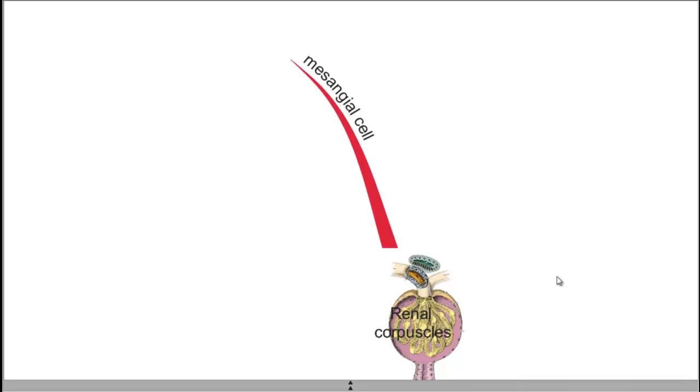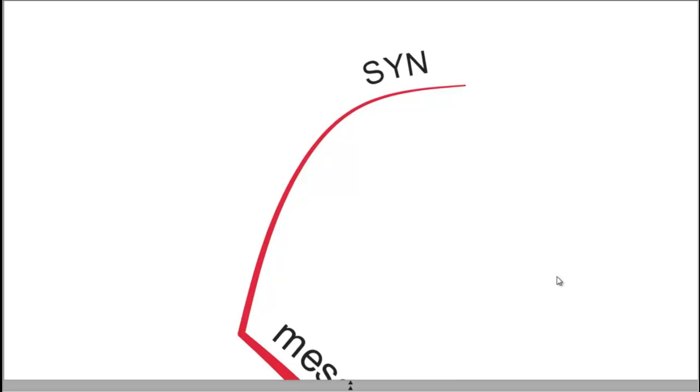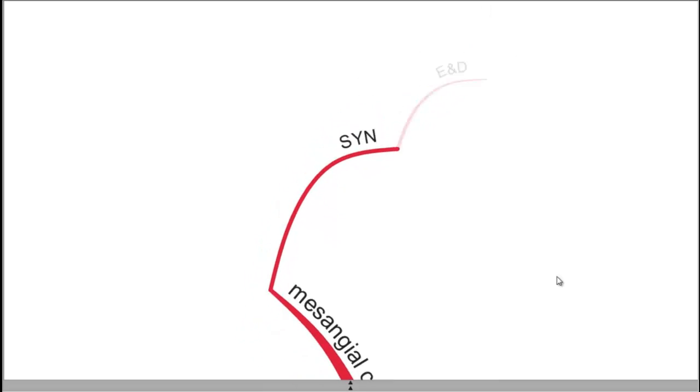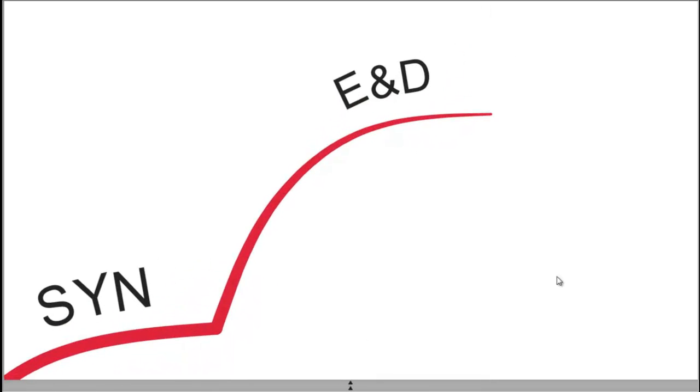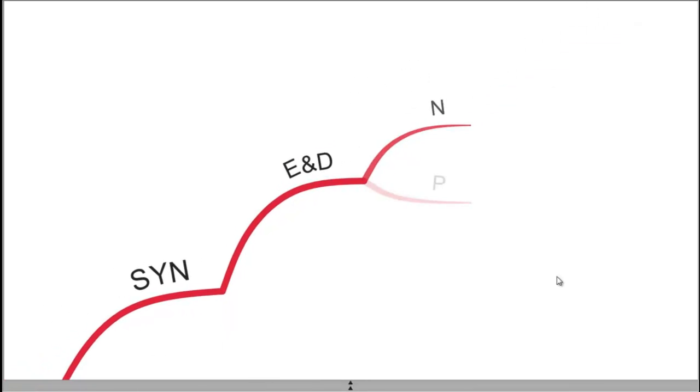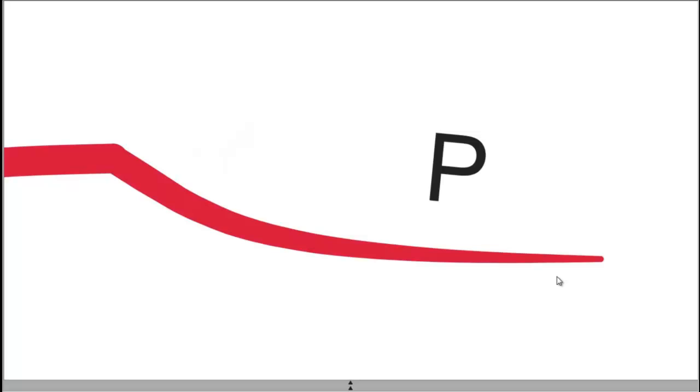Then we talk about mesangial cells, or intraglomerular mesangial cells. Firstly, mesangial cells perform endocytosis and dispose of normal and pathologic molecules trapped by the glomerular basement membrane.